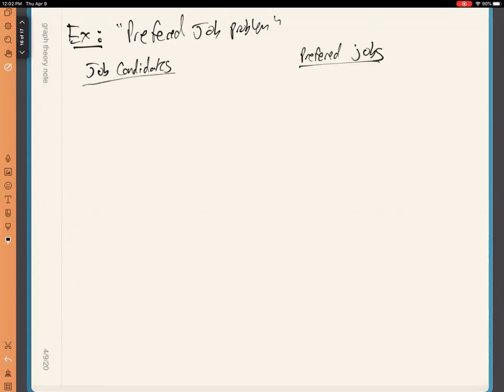So say we have candidates A, B, C, and D, and then we have jobs, not being very creative, just labeling them with numbers, 1, 2, 3, and 4.